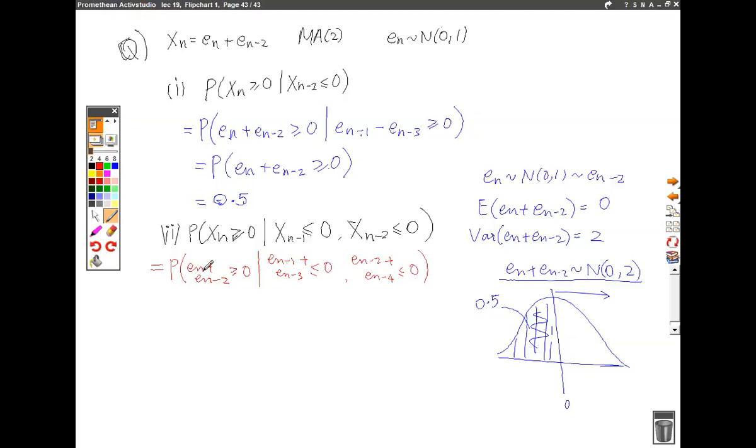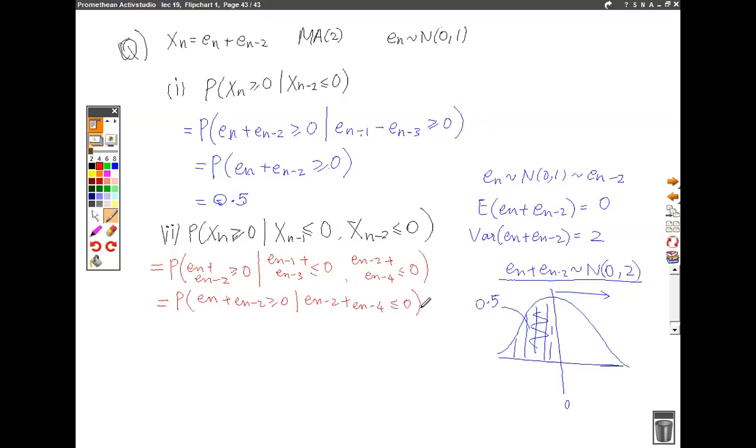So now we know that even though en and en minus 2 do not in any way depend on n minus 1 and n minus 3, they do depend on what the value of n minus 2 will be. So now we cannot eliminate all the conditionality that we have. So we will still have this, which I can write as such, right?